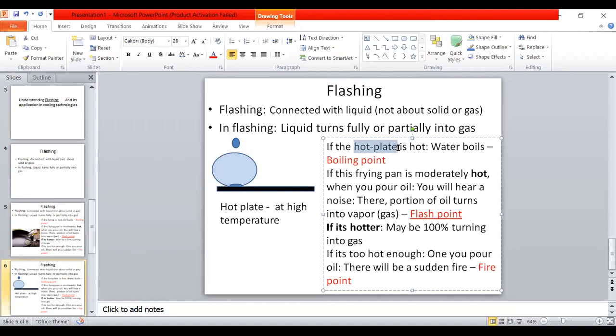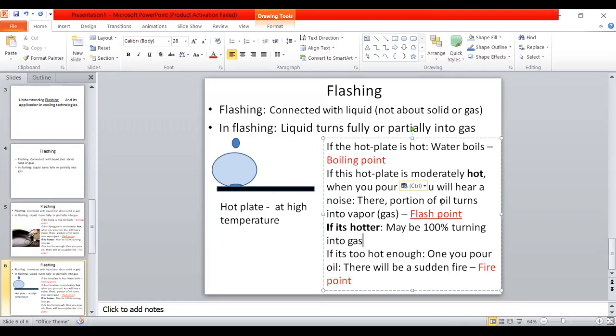So this hot plate now is, let's say, moderately hot. It flashes. Okay, flash point. It flashes, but maybe partially, because the droplet absorbs some heat.